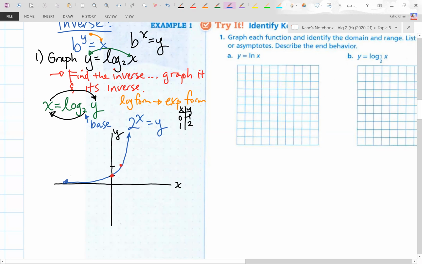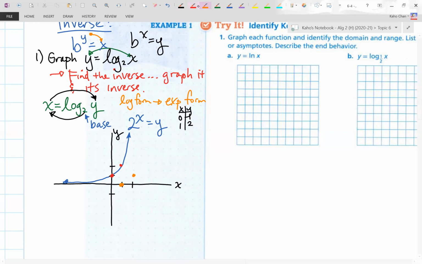And guess what? Now I'm going to graph the inverse of this inverse, and that'll give me back the original problem, y equals log base 2 of x. So those 2 points, 0, 1, and 1, 2, I'm going to go ahead and swap them. Okay, 0, 1 becomes 1, 0. 1, 2 becomes 2, 1.